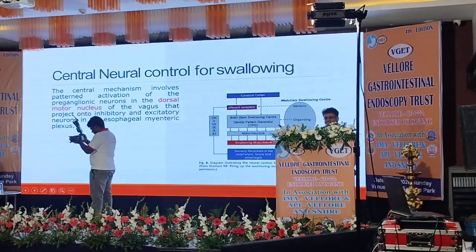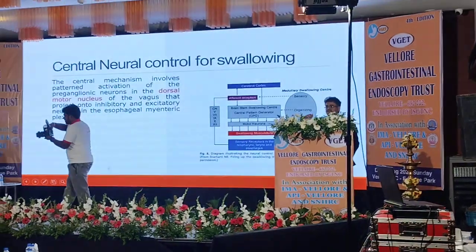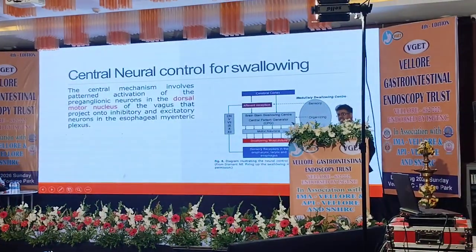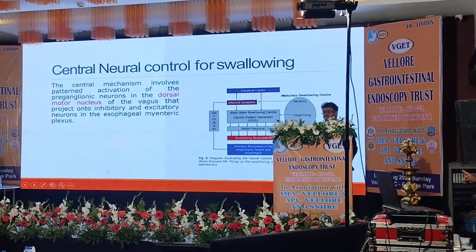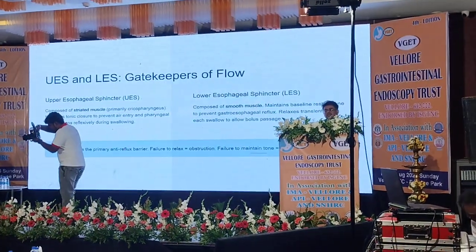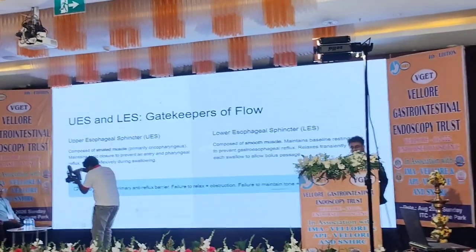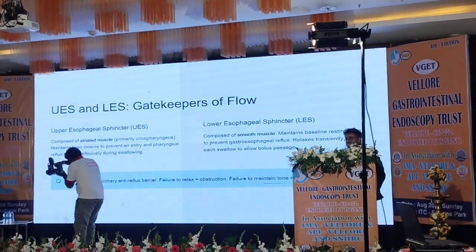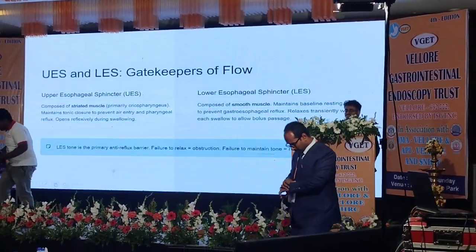Through them, the central reflexes are activated, followed by the vagal afferent receptors, which stimulate the various nerves in the pathway to initiate the swallow mechanism. There are two major gatekeepers. One is the upper esophageal sphincter, and the other is the lower esophageal sphincter, which is very important to prevent reflux.